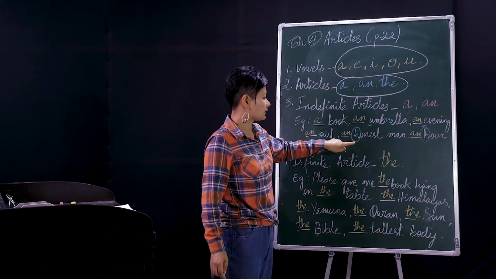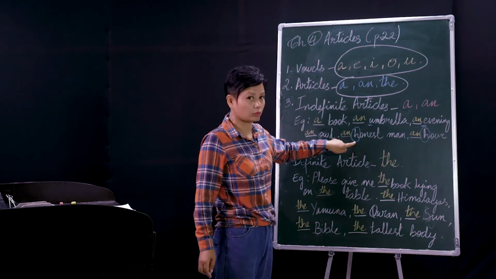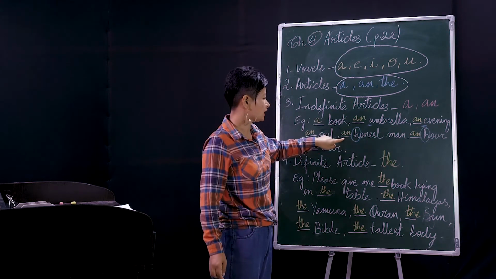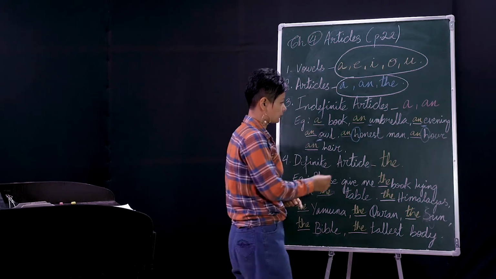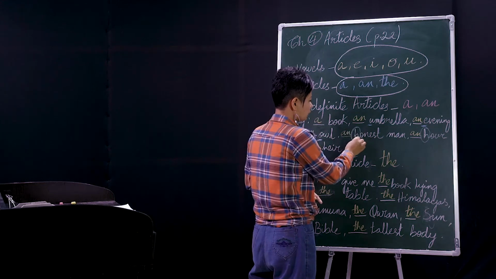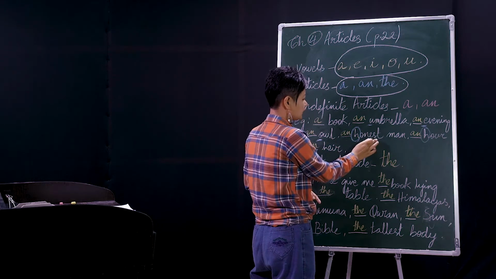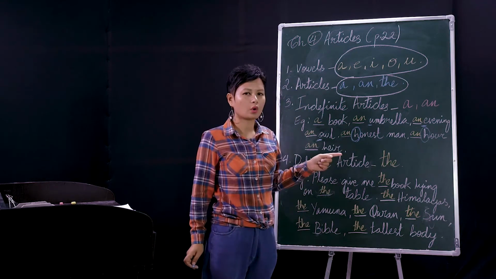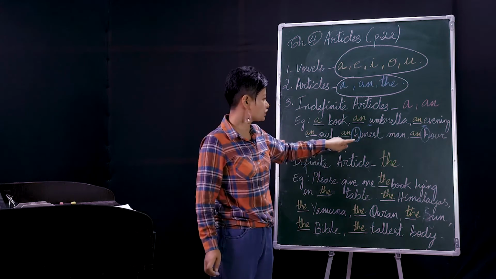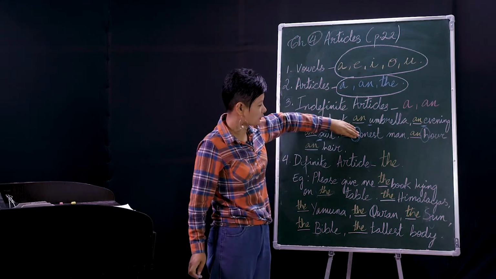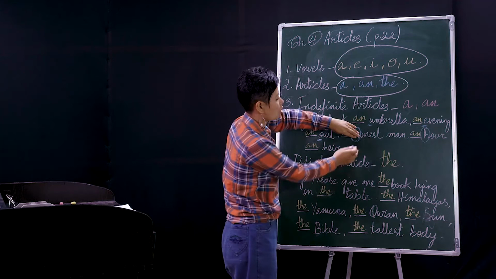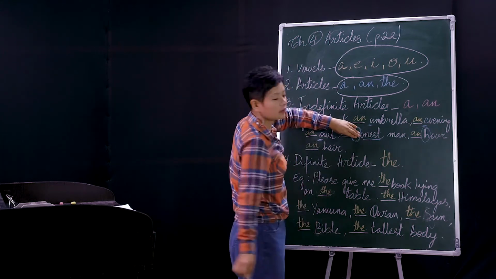Even if the starting letter of the word is a consonant, why are we putting an? Here is the rule, students. Here we don't say honest with the H sound, isn't that so? H is silent here. So we pronounce it as onest, right? Honest.